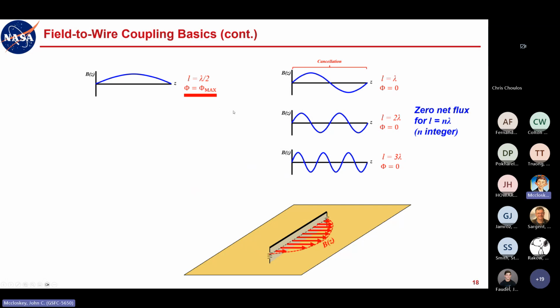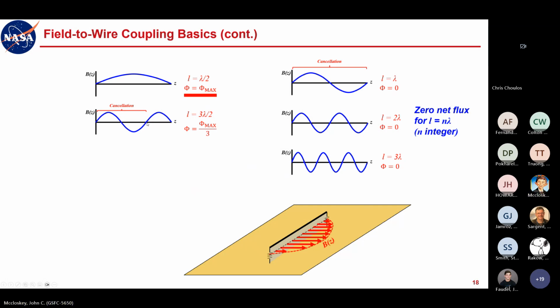So if we come back over here, let's start where L equals lambda and then increase the frequency to the point where the length is now 1.5 wavelengths. You're going to get a full cycle here over the first 2/3 of the length. That's going to give you cancellation, so the net flux from these contributions is going to be zero. Now the net flux is just from this contribution over 1/3 of the length.